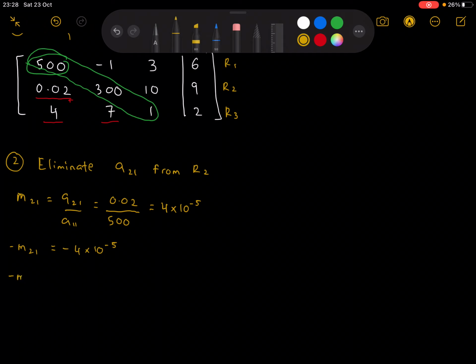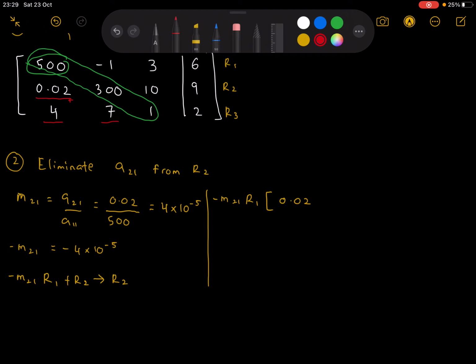And the equation that we're going to use: negative M21 multiplied by row 1 plus row number 2. We're going to transfer everything to row number 2. So if I write it, M21 row 1: 500 times the negative multiplication factor, we get 0.02, and then negative 4 exponent negative 5 multiplied by 1.